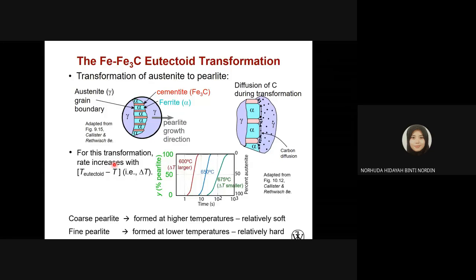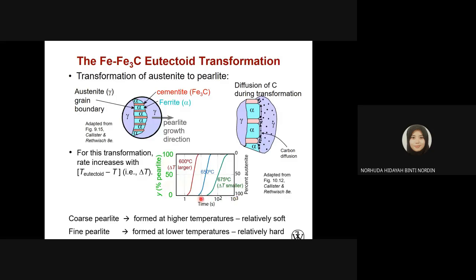So for this transformation, the rate increases with delta T. For example, here, this is the percentage of pearlite from 0 to 100, and this is time.